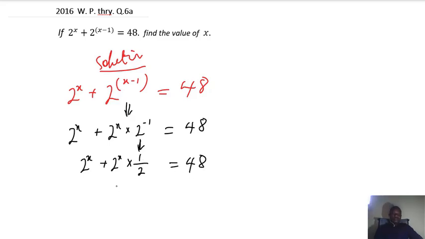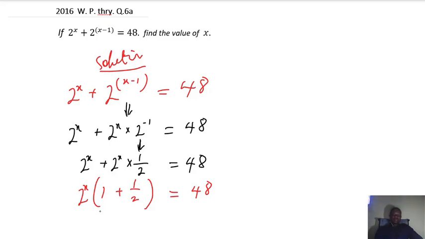Now when you look at these two terms, we have 2 exponent x here and 2 exponent x here, so we factor the 2 exponent x out. The number left here is 1, and here we have 1 over 2, equals 48.